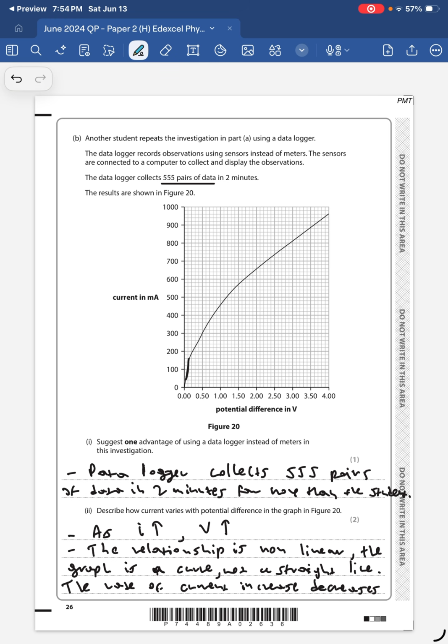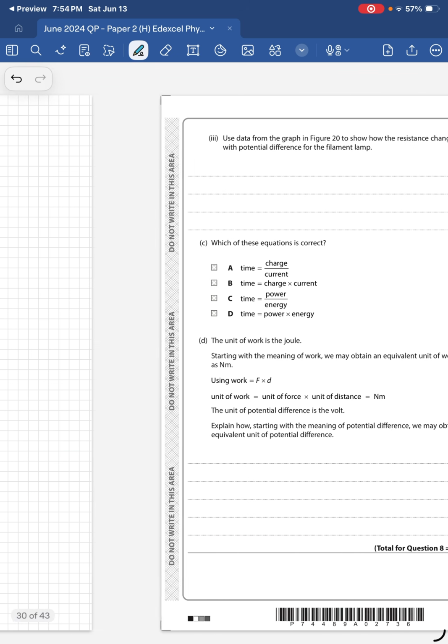Okay, so what I mean is that here you see that the current increases steeply. If you think about the gradient, the gradient decreases and then decreases some more and keeps decreasing as the voltage increases. Okay, so it's not a linear relationship.